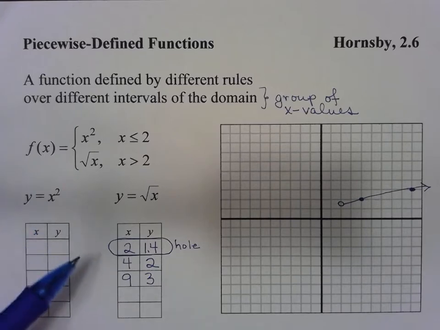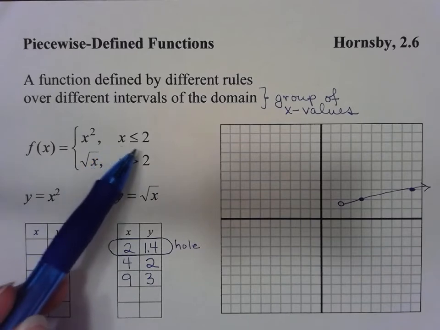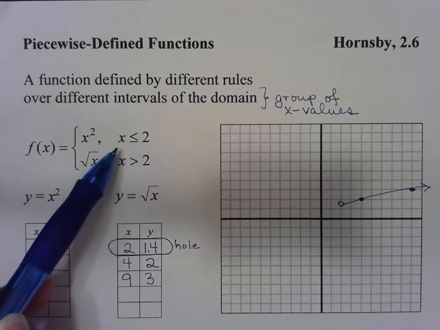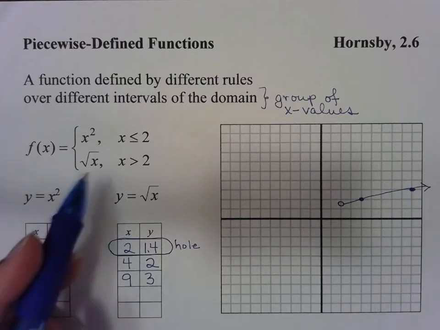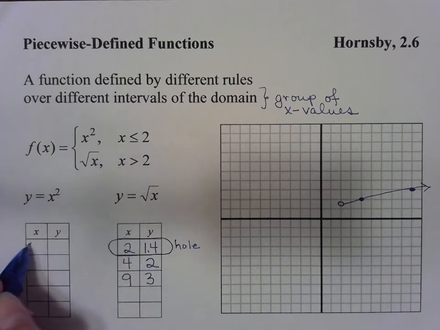All right, so that's part 2. For part 1, we want x values that are 2 and smaller. Again, this one does include the 2, so it would be good to make sure that's on the list. And then numbers that are smaller, so 0, 1, any number would do for this. I'll just go ahead and fill it up.